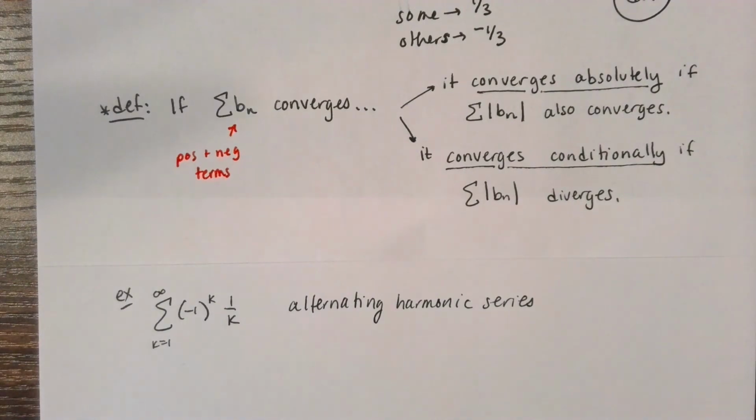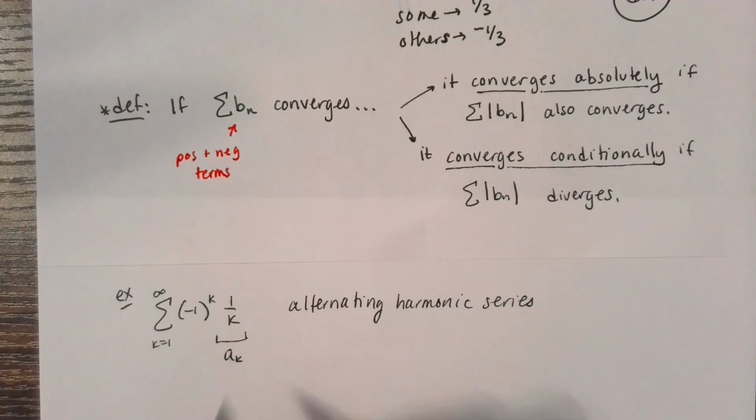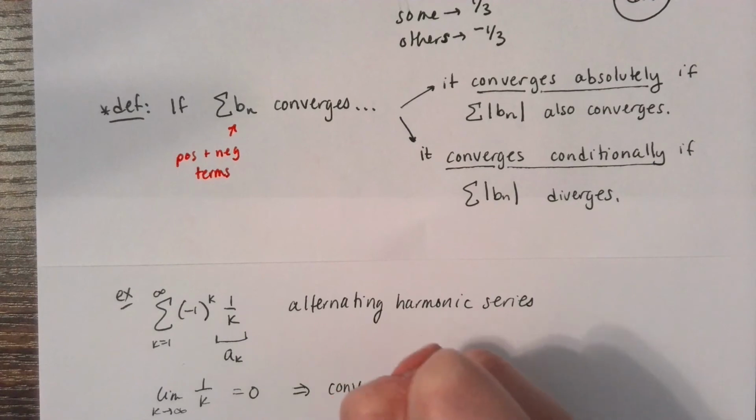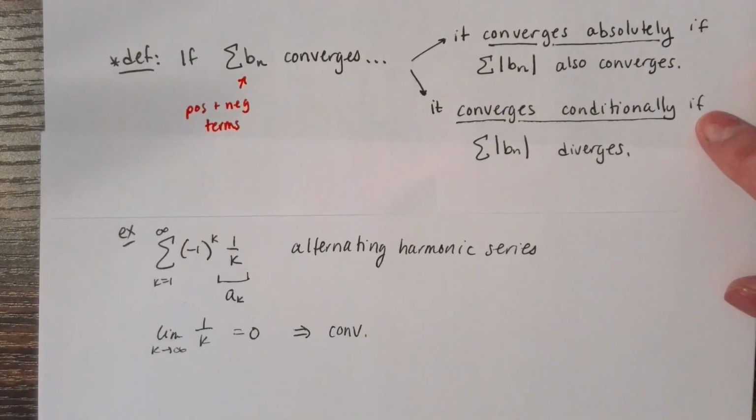So this one, your a_k terms are 1 over k. If we consider the limit of those terms as k goes to infinity, we sure enough get 0. So we can conclude that this series, the alternating harmonic series, is convergent.